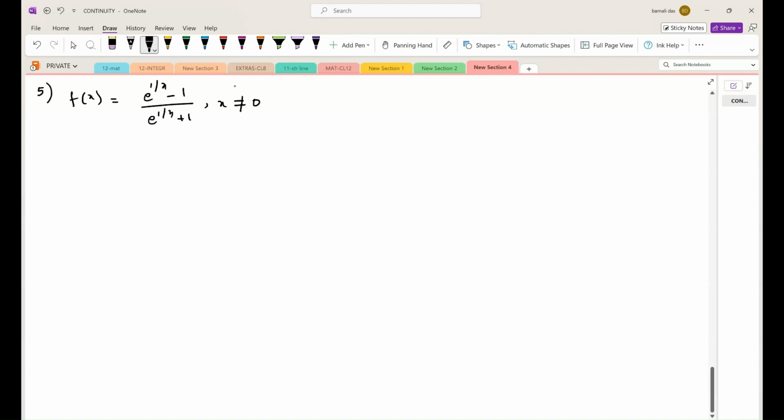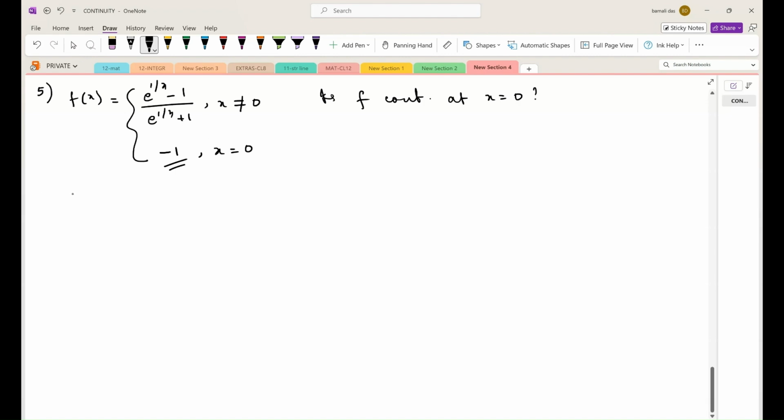So this ensures that LHL equal to RHL, both the branches included. So the question is, is f continuous at x equal to 0? LHL will be equal to RHL, that much we can see. But whether that will be equal to the functional value or not, we have to see.